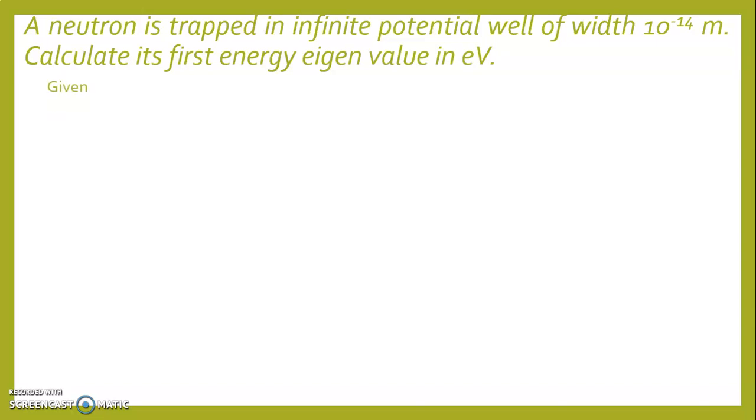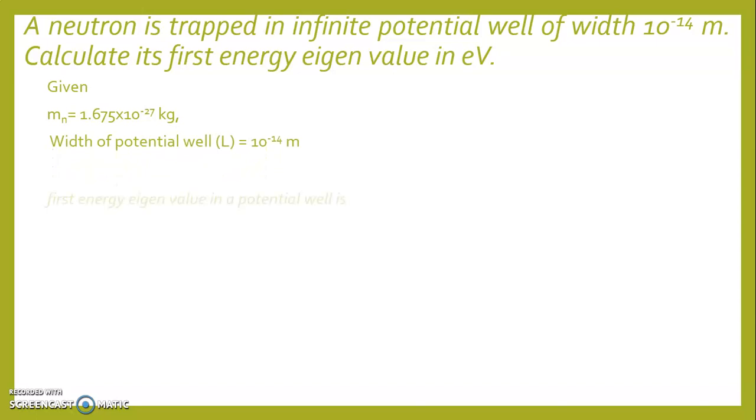So the given mass of the neutron is 1.675 into 10 raised to minus 27 kilogram. Then the width of the well is given, which is 10 raised to minus 14 meter.